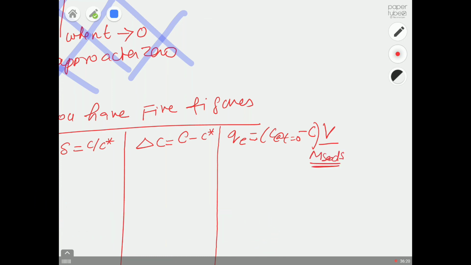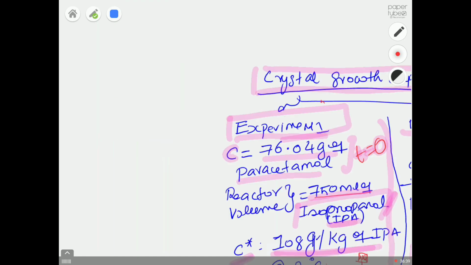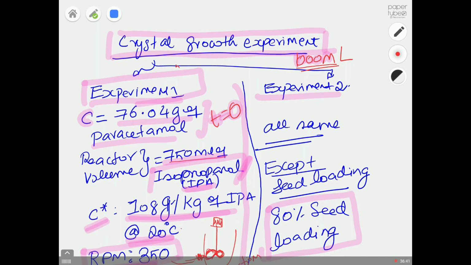So how do you get your supersaturation ratio? S is nothing but C by C star. If we go back to the question, I gave the value of C star.